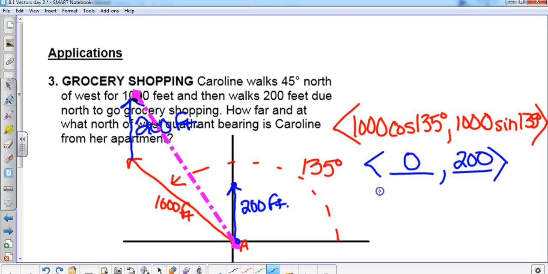All right. To find the resultant, we need to add those. I didn't bother to type it in until now, because I'm just going to type them in and then I won't have rounded quite as many times. 1,000 cosine of 135 plus 0 is?